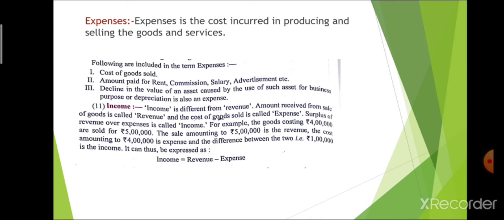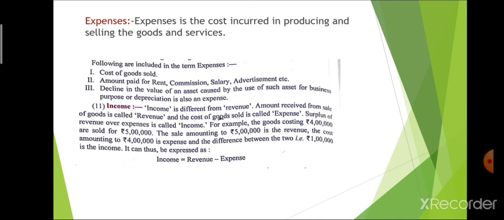So here two terms are there. For selling the goods, we have to manufacture a good, that is expense, and after that we have to sell those goods, that is treated as revenue. And the difference between revenue and expense is called income.